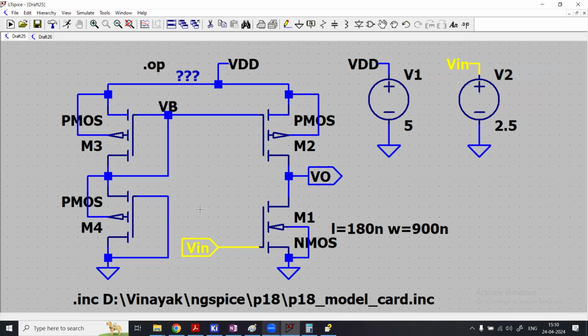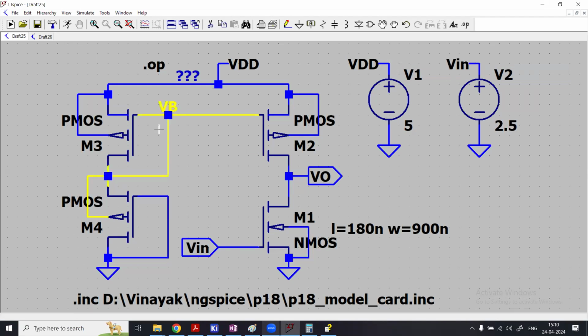Now if I right click on the VB and say highlight it, it shows me where the VB is reaching. It is reaching the gates of M3 and M2, and the body of M4. So not the VDD, but still close to VDD, which is VB.